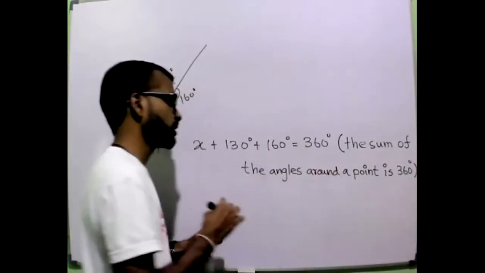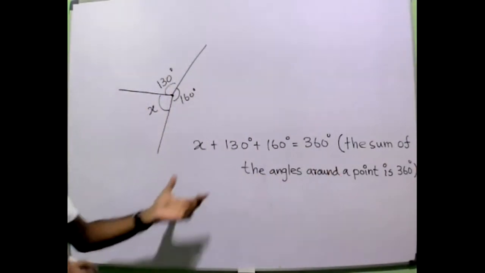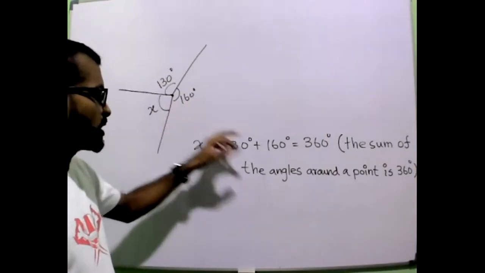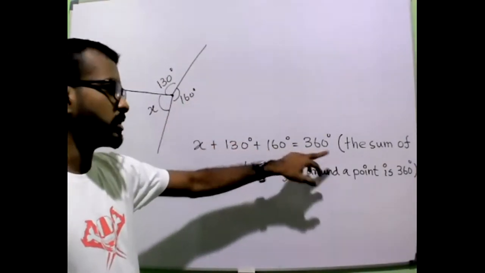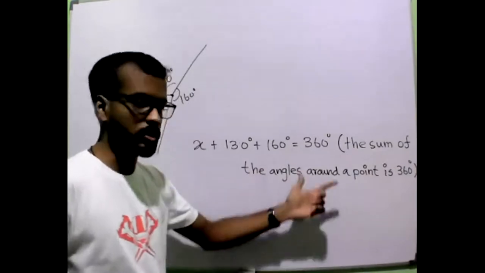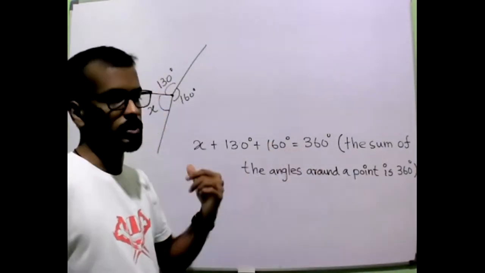So you write x plus 130 plus 160 equals 360, then the reason is the sum of the angles around the point is 360. So this is the reason why this happens, right?